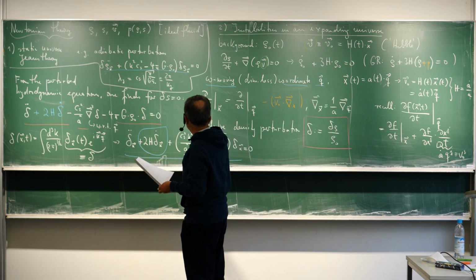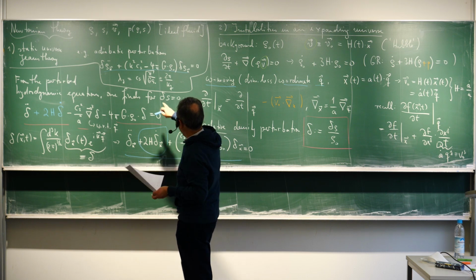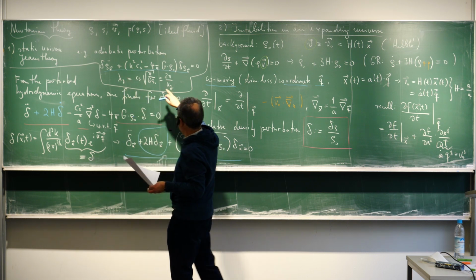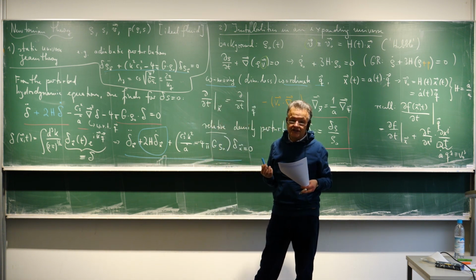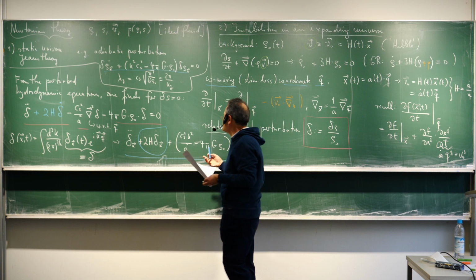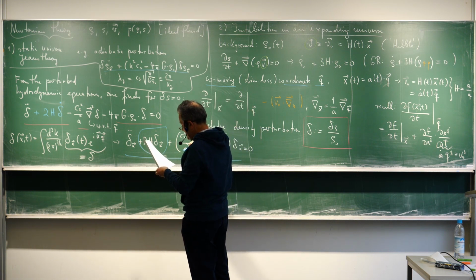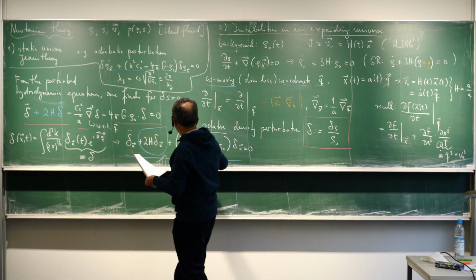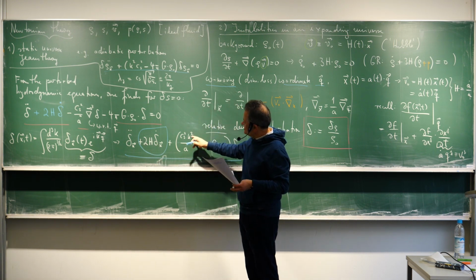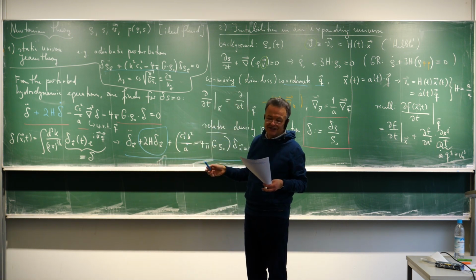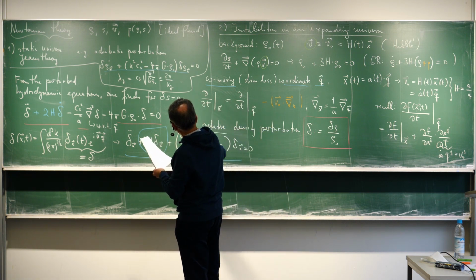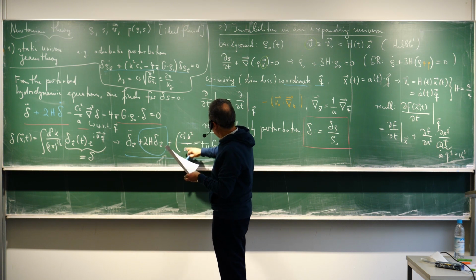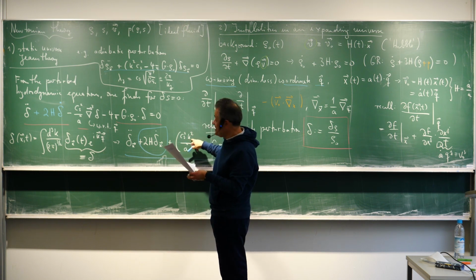I should also mention the following. Here the k, which is the wave number, has a dimension 1 over length. That's what we usually have in a Euclidean case in static physics. Now here, this k actually is dimensionless. I don't bother you with giving this a tilde or whatever. I think it's clear from the context. But what was originally k squared, which has a dimension, is now a dimensionless k squared over the scale factor squared.